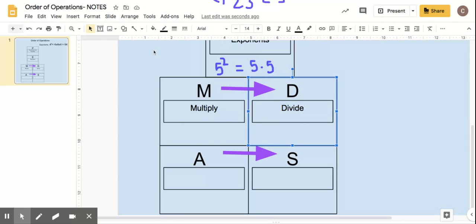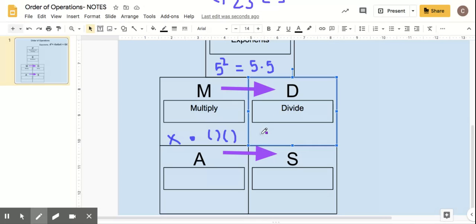So some ways that we see multiplication include the X. We have recently been shown the dot. And we will also multiply if we see parentheses next to another number or a letter or next to other parentheses.